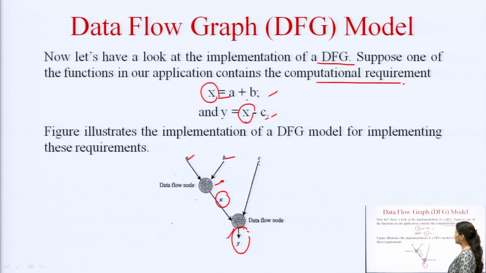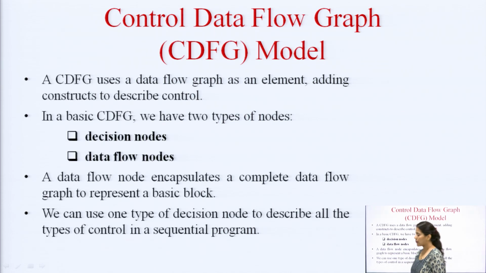Now, we have already understood this application, this example. Another variant of this DFG graph is the control data flow graph, that is, it uses a data flow graph as an element, adding constructs to describe the control.